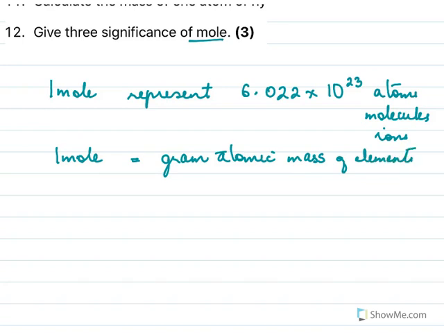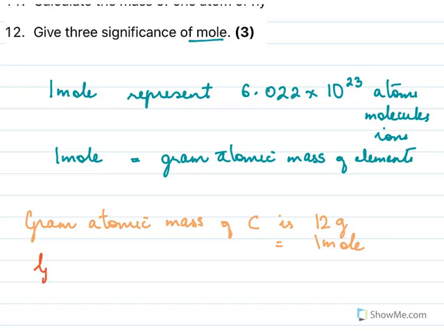We know the gram atomic mass of carbon is 12. Gram atomic mass of carbon is 12 gram, which is equal to 1 mole. Another example, say, gram atomic mass of oxygen, 16 gram, means equal to 1 mole oxygen atom.